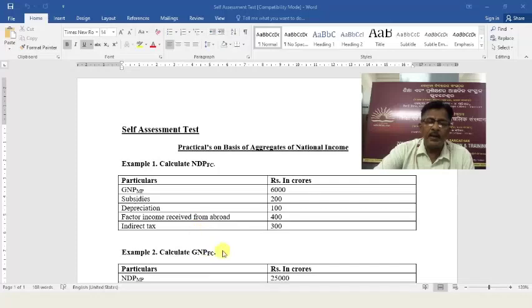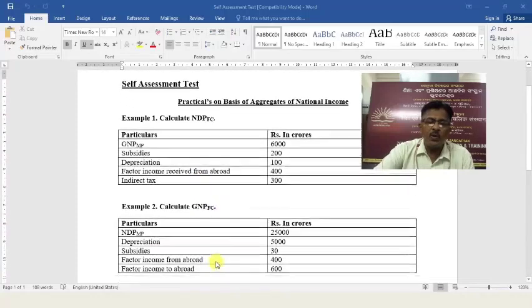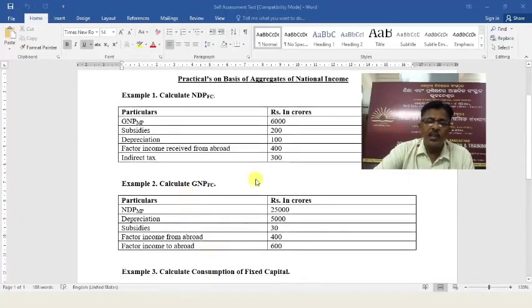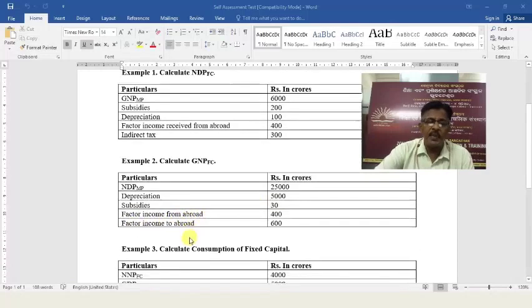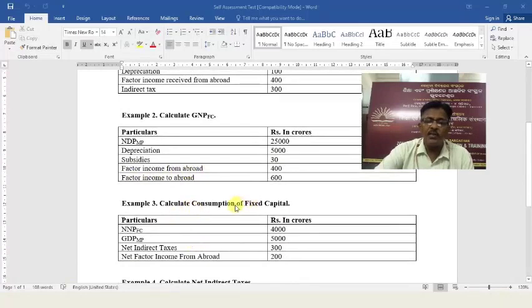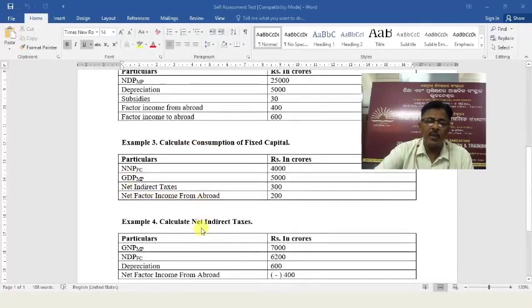Example 2, calculate GNP at factor cost. NDP at market price is given, depreciation is given, subsidy is given, factor income from abroad and factor income to abroad are given. Then calculate consumption of fixed capital. Data given: NNP at factor cost, GDP at market price, net indirect tax and net factor income from abroad.